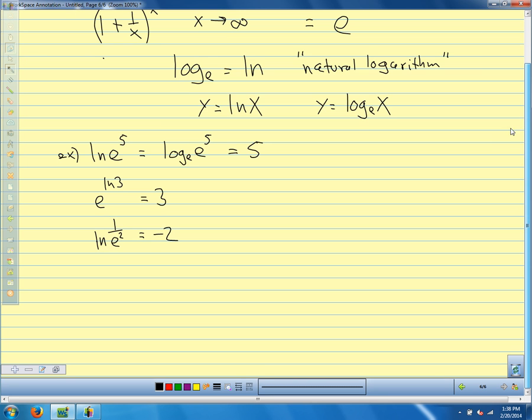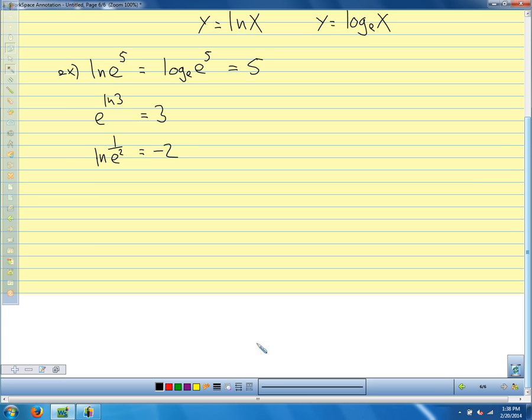All right, the last thing I want to do is a couple of examples of finding the domain and an intercept of a logarithmic function. So what if our problem was find the domain of natural log of x plus 3?